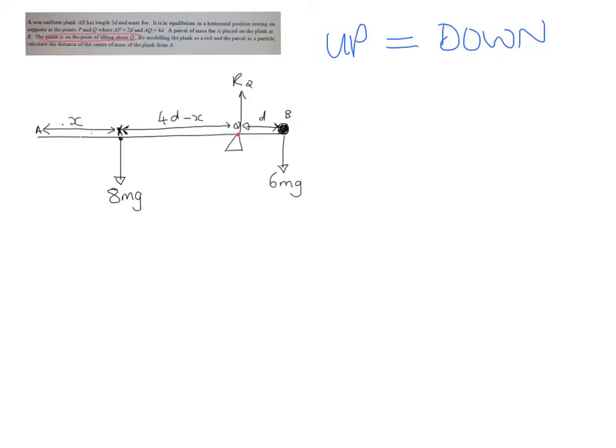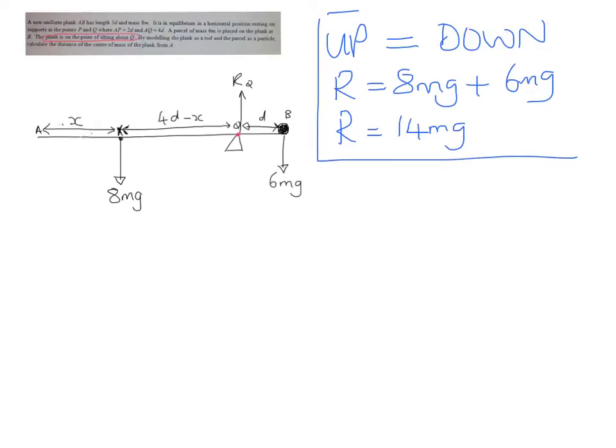It's the sort of thing that people forget to do, so if you always do this first, you'll get into good habits. So R, that's all the up forces, equals 8mg plus 6mg. So R equals 14mg. I'm not saying that is going to be useful, but just do it, leave it sitting there, and if you need it, it's there for you. And if you don't, it only took a second, so it's not a big deal.